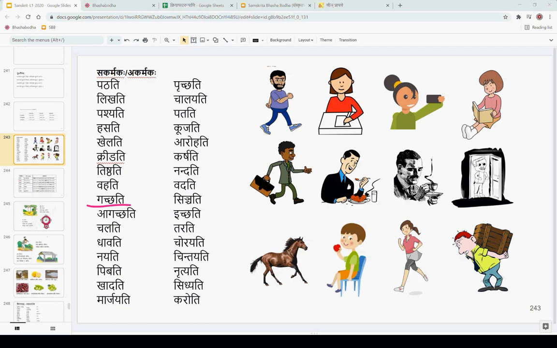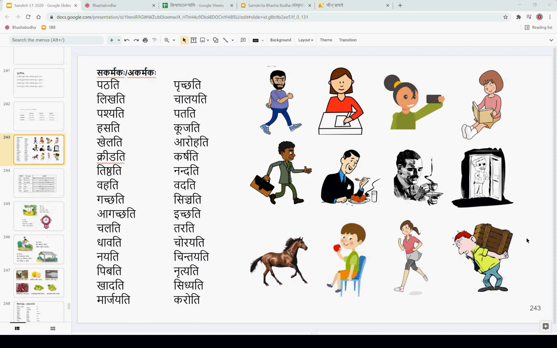We'll see. First we'll say gacchati. Gacchati. What is gacchati? Gacchati meaning you all know, going. Balaka gacchati. The question comes, sakarmaka or akarmaka? Akarmaka. So now, but in Sanskritam it is not akarmaka, it is sakarmaka, because for gacchati we should think of the meaning as reaching, not just going.